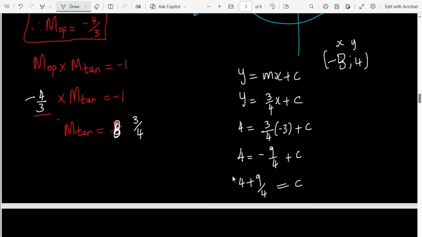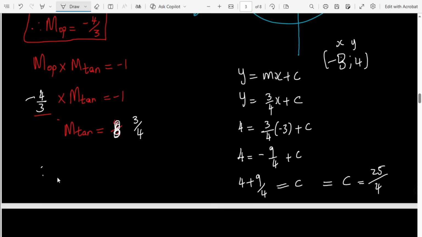The top part will be 4 times 4, that's 16. And then c will be equal to 16 plus 9, that's 25. You can use a calculator on your side. So the value of c is 25 over 4.